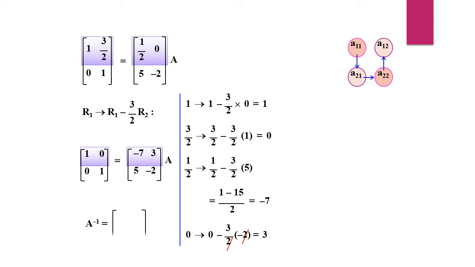So this matrix is considered as A inverse: minus 7 3 5 and minus 2. You can verify it by multiplying the obtained matrix with the matrix A. If you multiply A into A inverse and the result is equal to the identity matrix, then the solution gets verified.